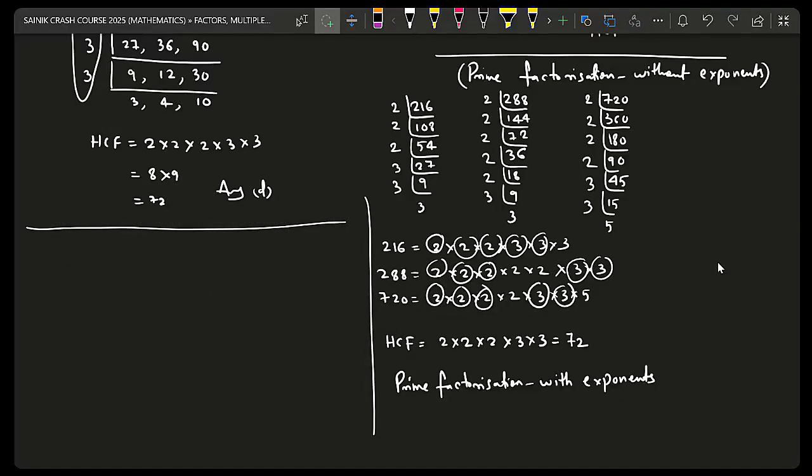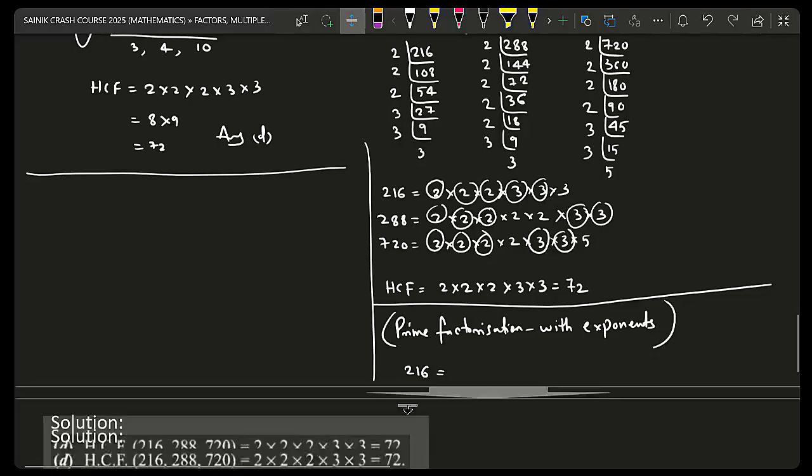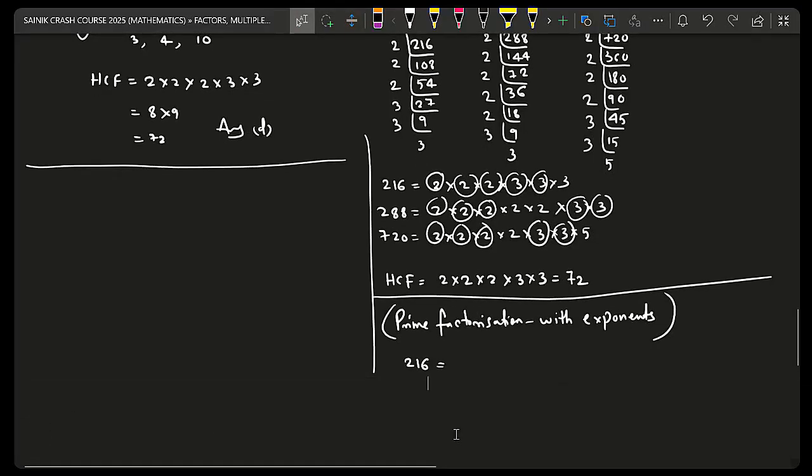Okay, now in this method, prime factorization with exponents. Already prime factorization is there with us from the previous method. Let us write with exponents now. First, 216. Can you say it in exponent form? 2 repeated how many times? 3 times.